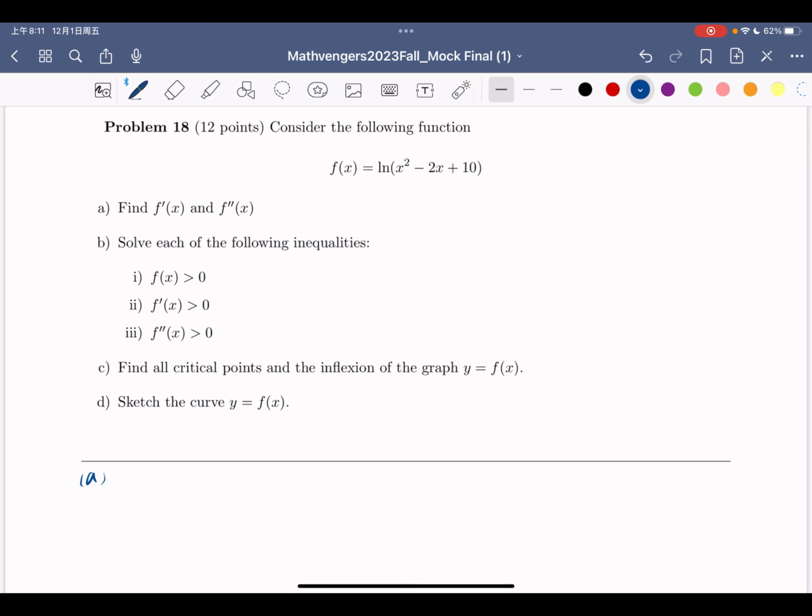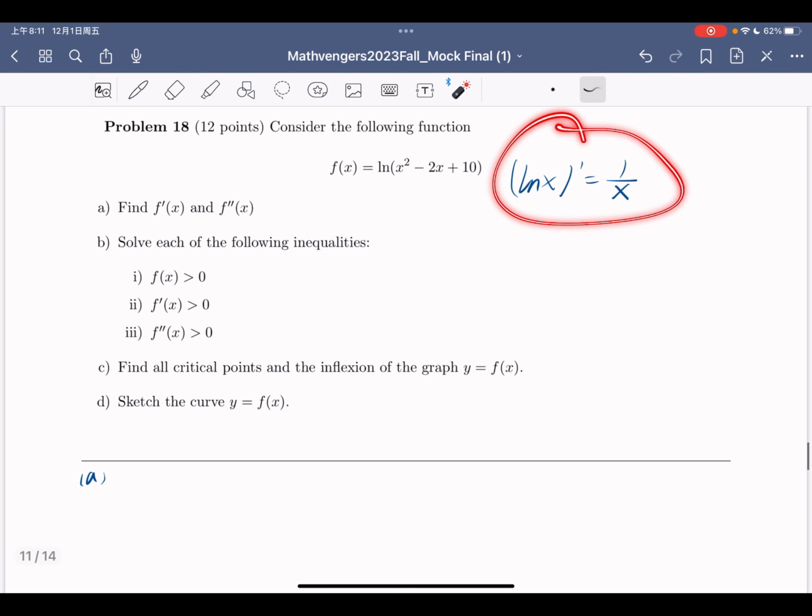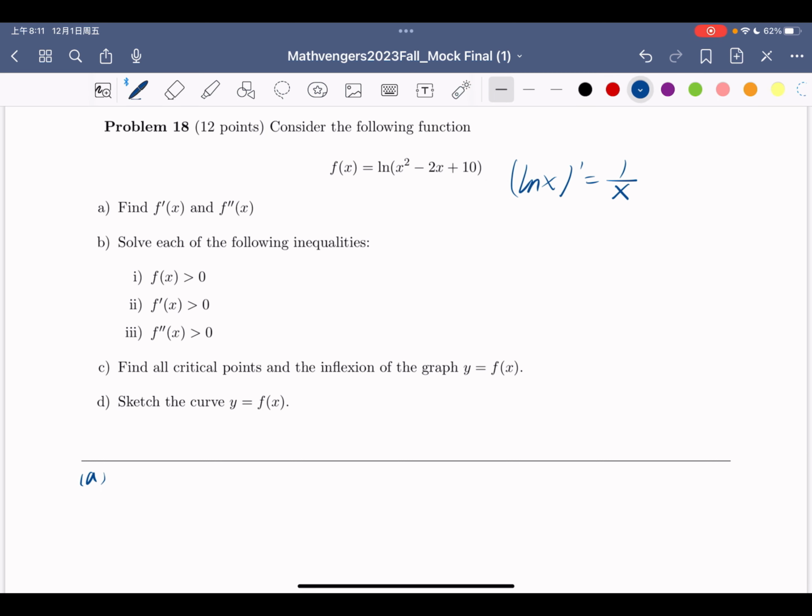Remember that the derivative of ln x is 1 over x. This is very important; you need to remember this. You also need to remember that for 1 over x, the integral is equal to ln of the absolute value of x plus capital C.